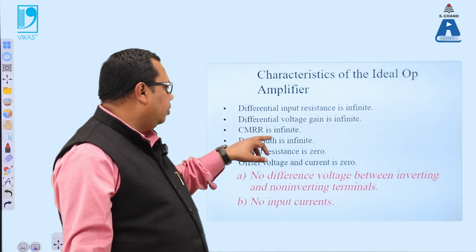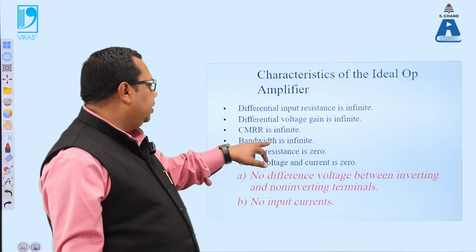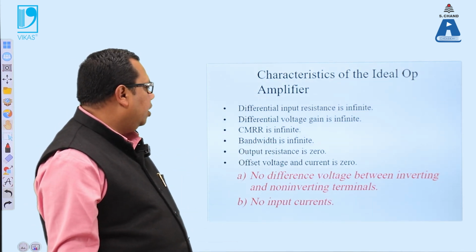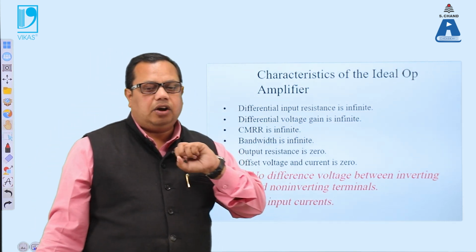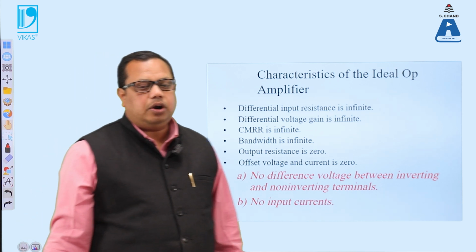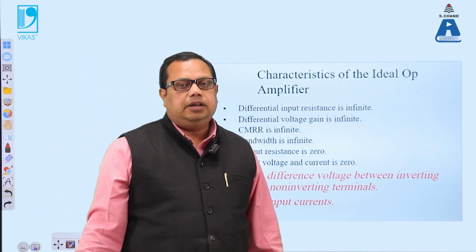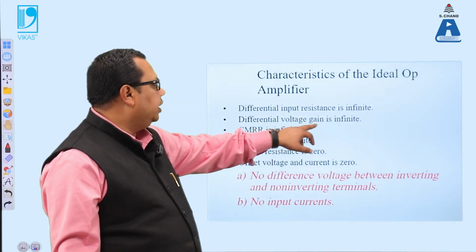Common mode rejection ratio depends upon the input and the output, and can also be calculated as the bandwidth is infinite. We are getting infinite bandwidth, and the output resistance is 0. When the output resistance is equal to 0, or basically negligible, in that case the efficiency of the output, we are saying here the voltage gain.